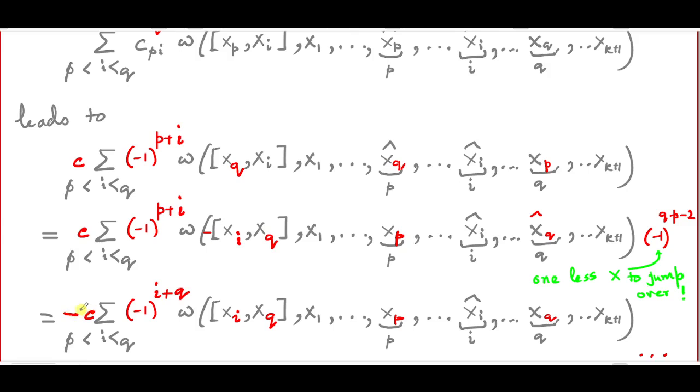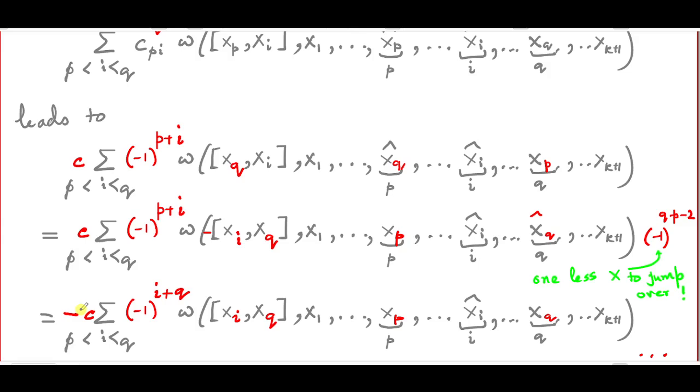So with C_{ij} given by C into (-1)^(i+j), our term in which I is less than Q but more than P, and XP is in the Lie bracket, ends up giving us the negative of the term where XQ is in the Lie bracket but I is in that same range.